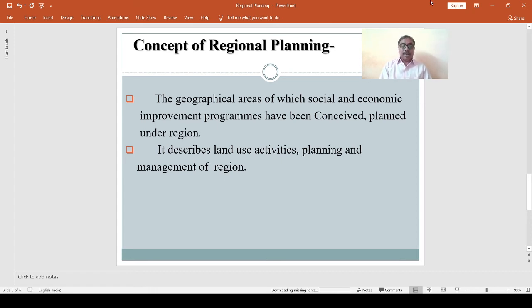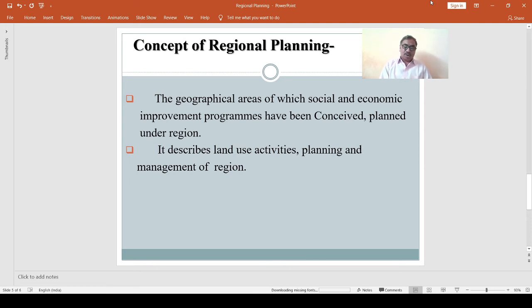A planning region is an area that is large enough to enable substantial change in the distribution of population and employment to take place within its boundaries. Thus, planning region is a self-created living organism having a lifeline.